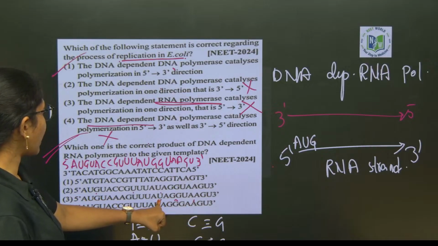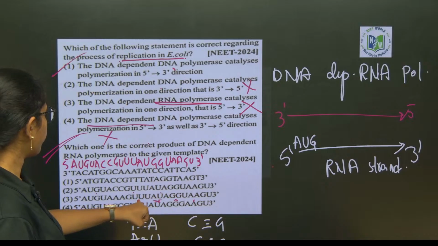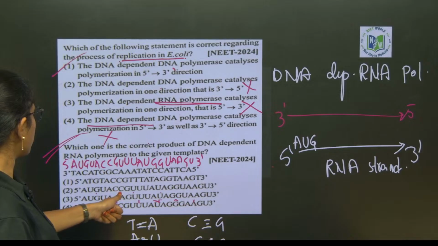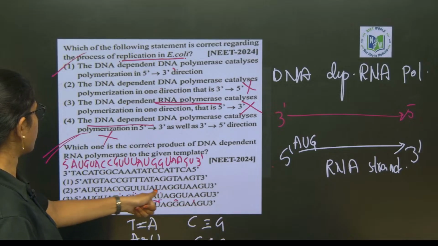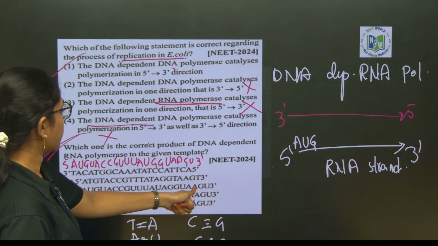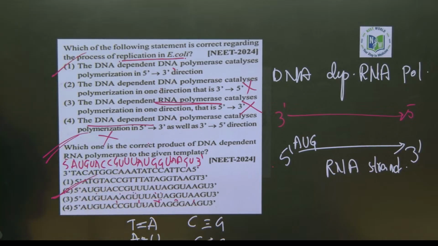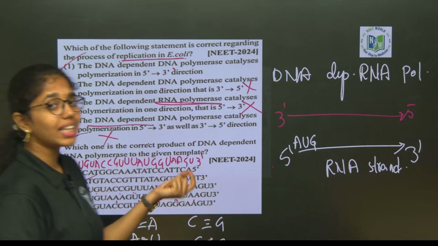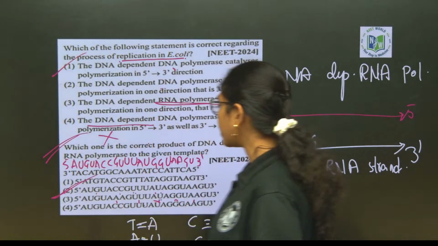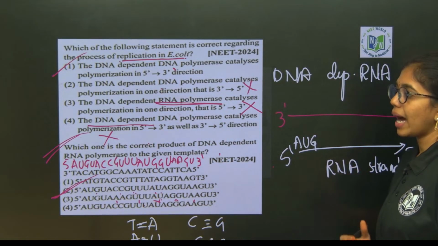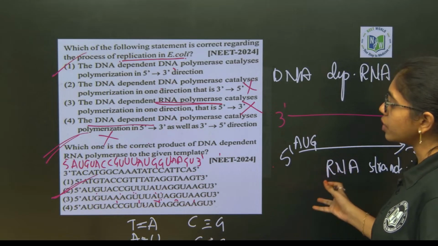You also do parallelly, then you will get to know. Yeah, option 2 is the right answer. Okay. You also do parallelly, you will get to know. Option 2 is the right answer. So, based on the enzyme which is catalyzing, we can identify whether the question is about the synthesis of a DNA strand or an RNA strand. Based on that, it is easy to note down.